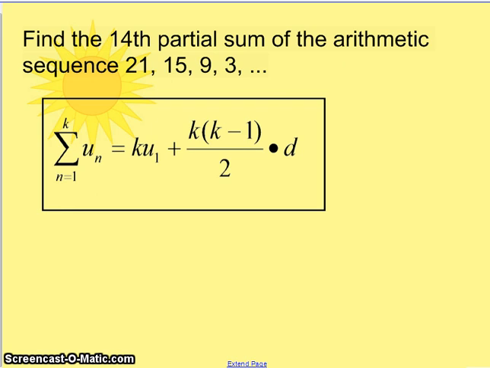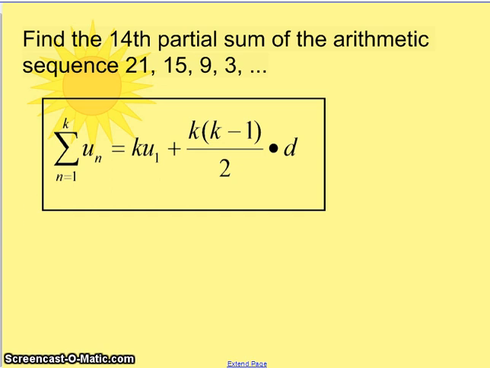All right, so now I've got the exact same problem, and I'm going to hopefully get the exact same answer, but this time I'm going to plug into this formula. So I want to show you how to use this formula. K stands for the last term, or how many terms we're adding together.